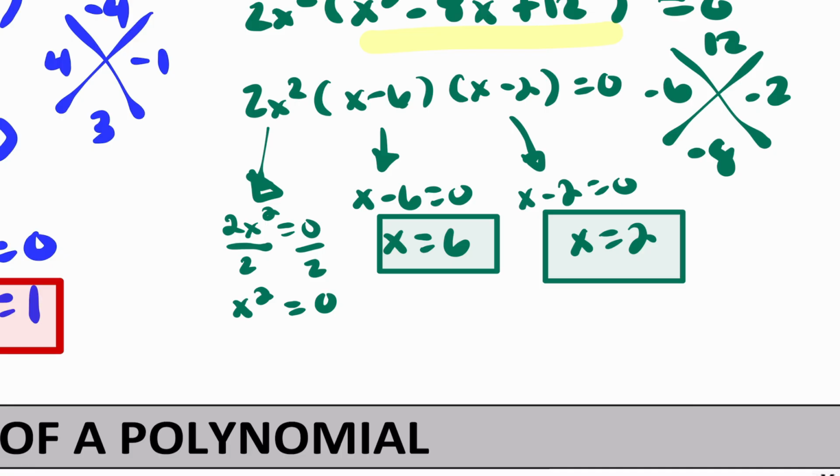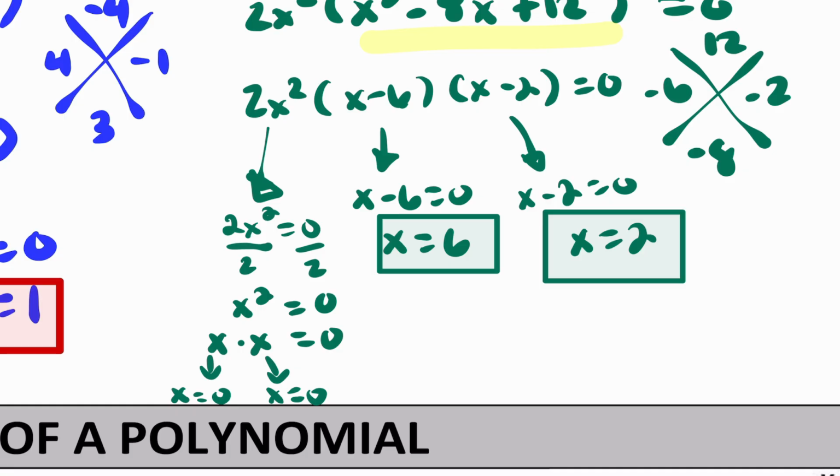And here, x squared, right? That's another way of saying x times x. And you're just going to set that equal to 0. So this x can be 0 and this x can be 0, right? So I'm going to write x equals 0 and x equals 0.